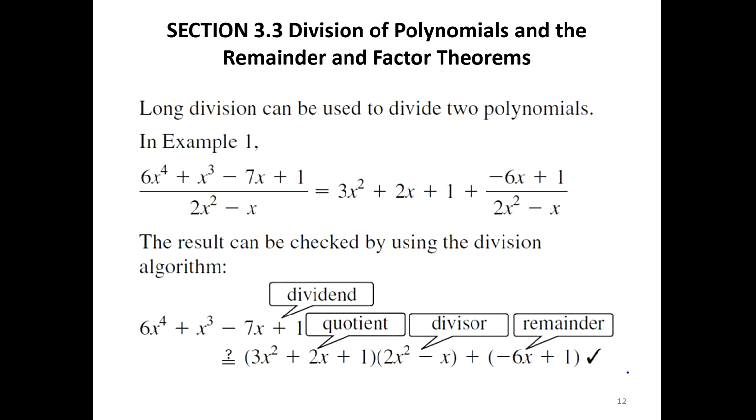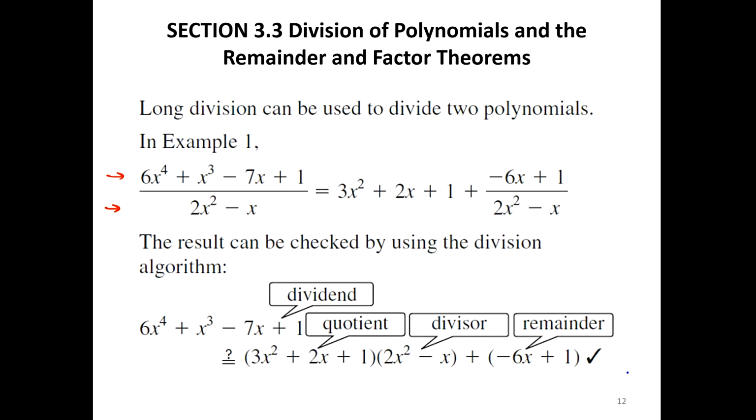Now, division of polynomials, remainder and factors. Division of polynomials: we have two polynomials, for example, in the numerator and denominator, and we need to find the quotient and the remainder.